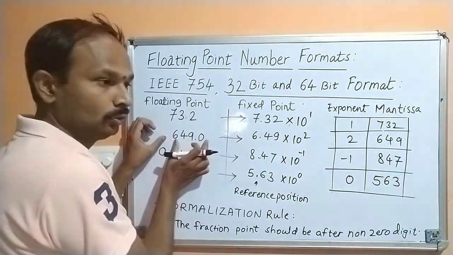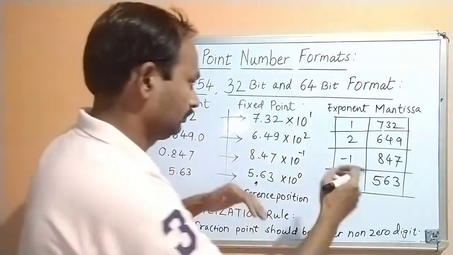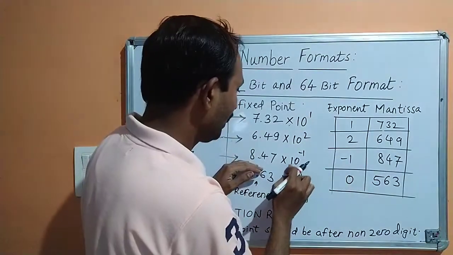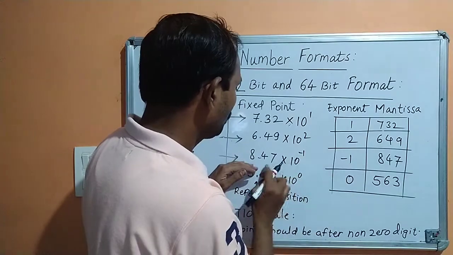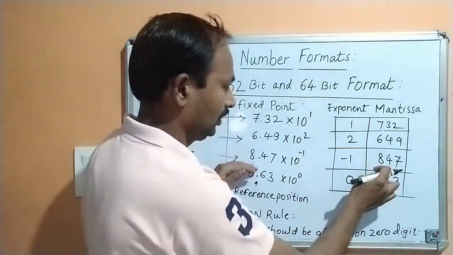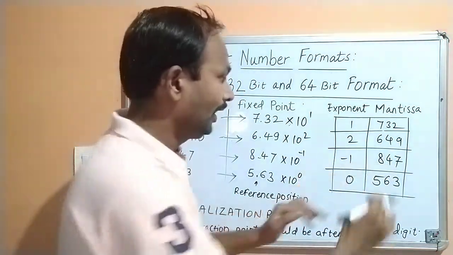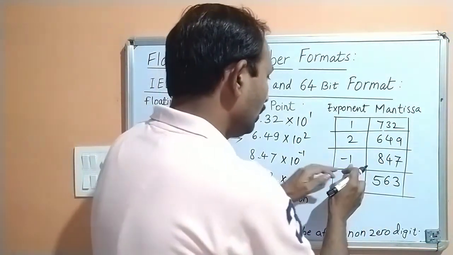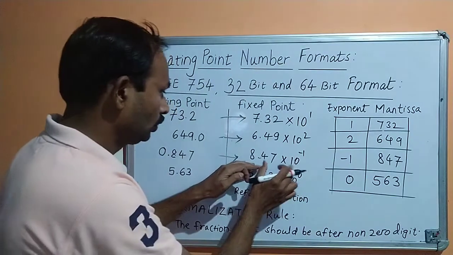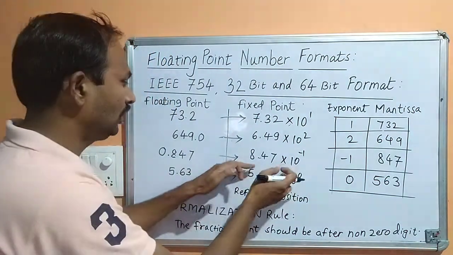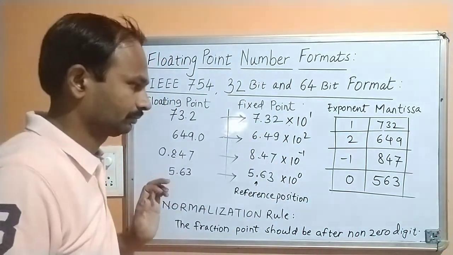So this is the actual value. Next, here exponent is minus 1. The original value is 847. Right. Now the computer will understand this value as 8.47 into 10 raised to minus 1. So 8.47 into 10 raised to minus 1 is 0.847.